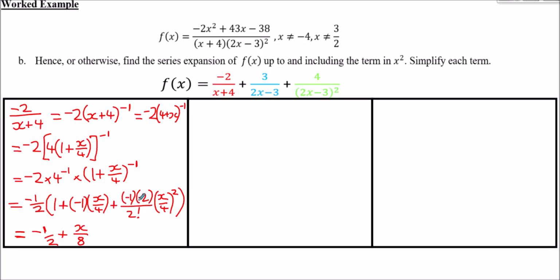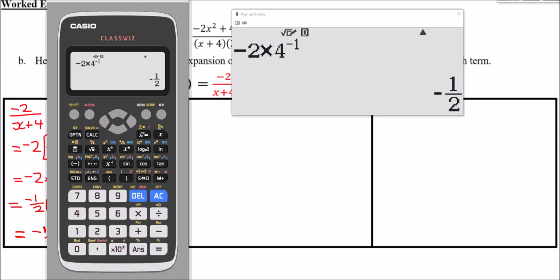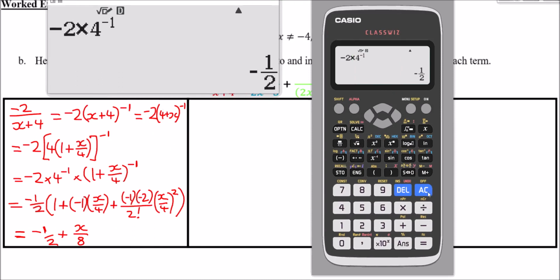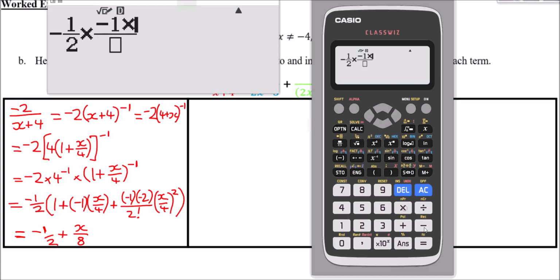And this one here, I'm just going to use a calculator for, because this looks a bit nasty really. So I'm going to multiply through by minus a half. So we're going to have minus 1/2 multiplied by minus 1 times minus 2, all over 2 factorial. That just means 2 times 1, which is 2.